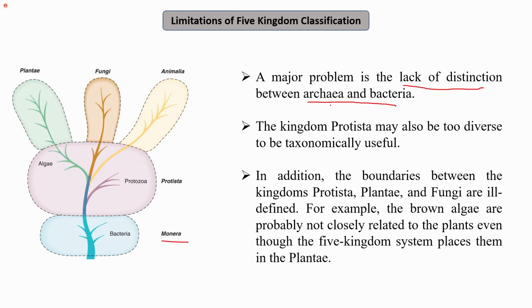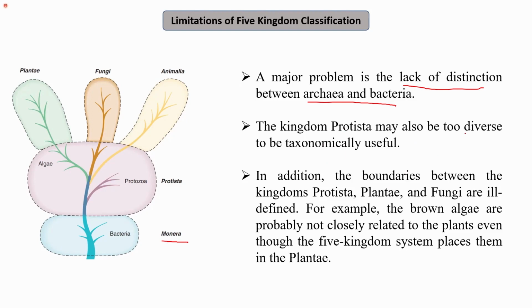Also, the kingdom Protista, that includes protozoa, algae, etc., is very diverse. Although the organisms in the kingdom Protista are all eukaryotic cells, the organisms that were included in the kingdom Protista were very diverse, so it is difficult to call them one group. Later on, when the classification system was further refined, these organisms were put into different other kingdoms.